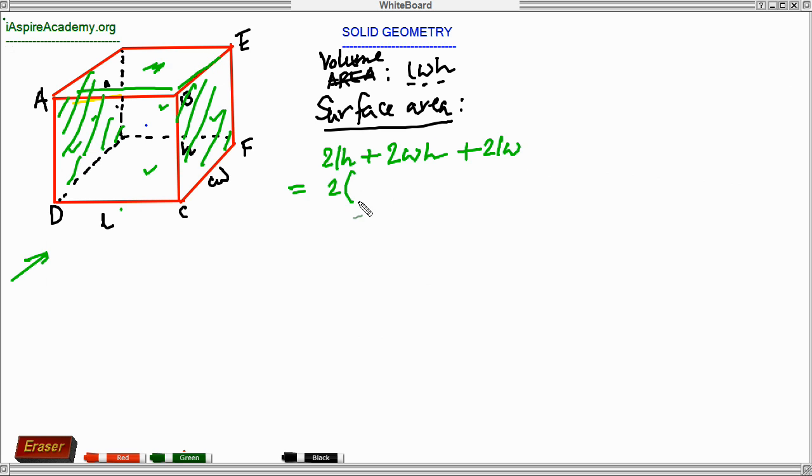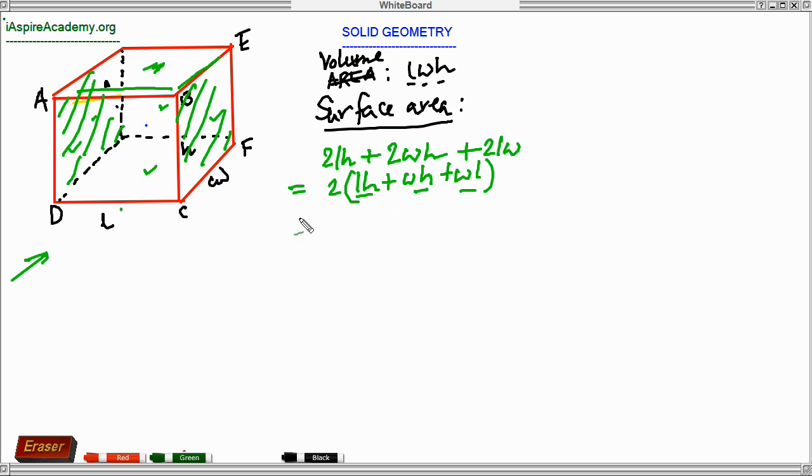If you take 2 common, then you have LH plus WH plus WL. This is the surface area of the rectangular solid. Again, we express it in 3 dimensions, and all possible combinations of dimensions exist here: LH, WH, and WL. That's the way to remember. If you're given 3 dimensions, you make all possible combinations.